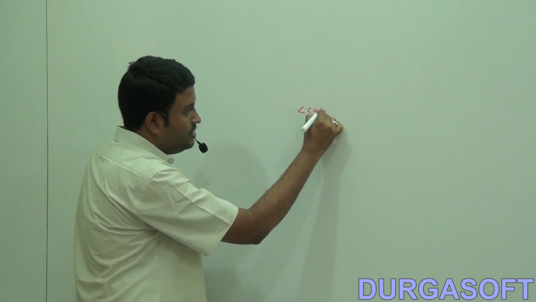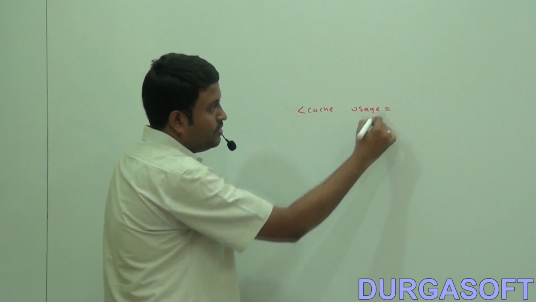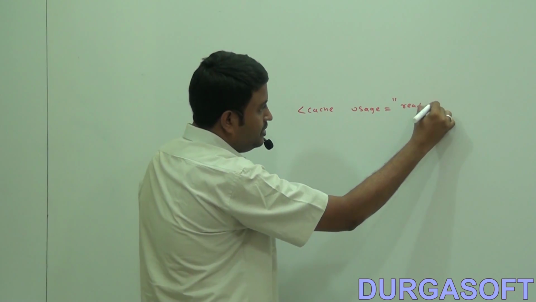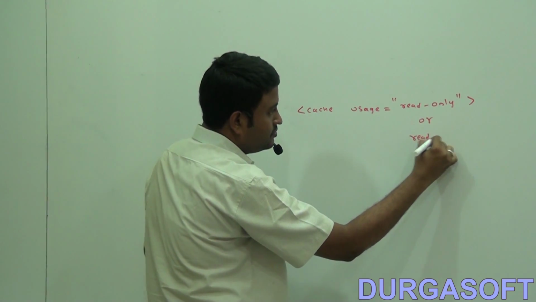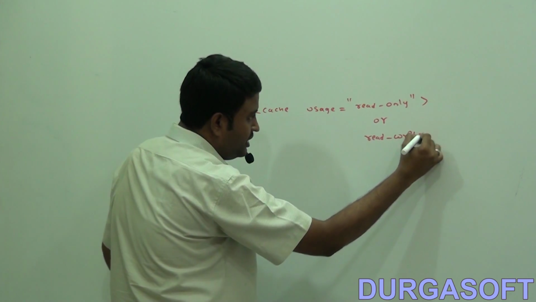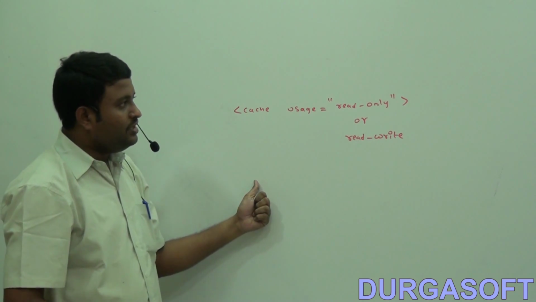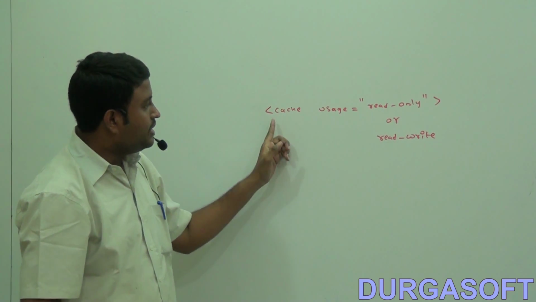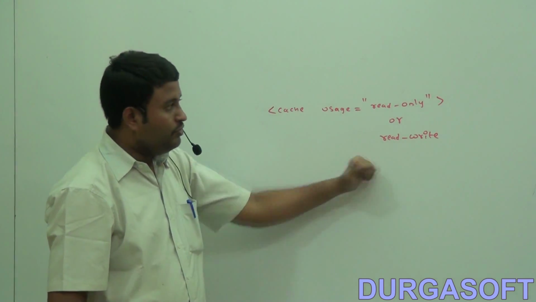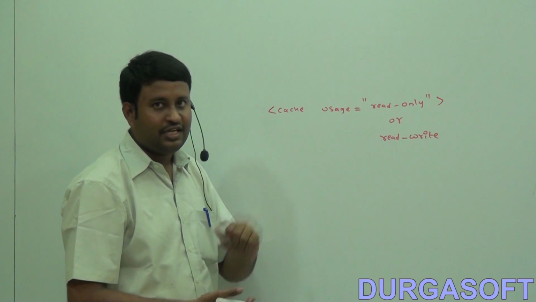To specify that option, we use this cache tag with usage equal to read-only or read-write. If a Pojo class contains read-only, through sessions we can only read that Pojo class object. If the mapping file contains cache usage equal to read-write, through sessions we can modify those objects as well as read them.